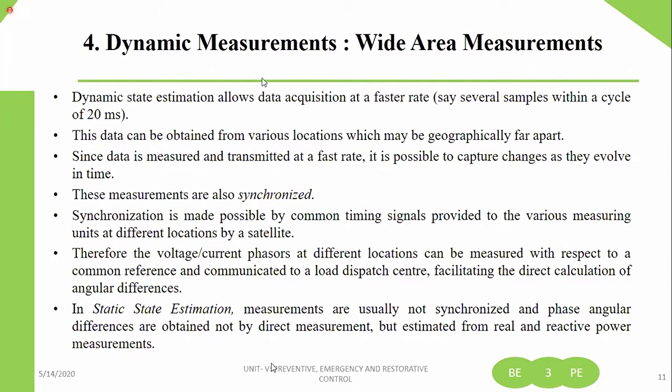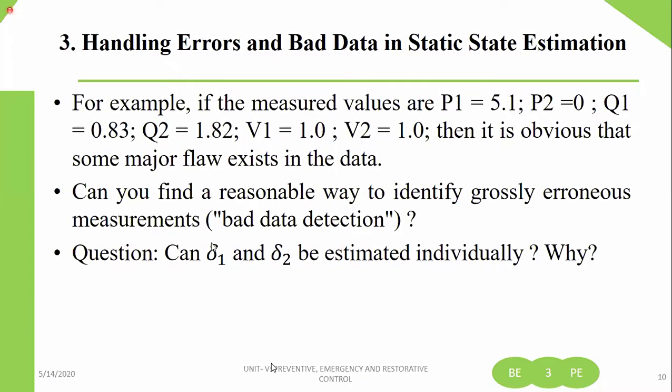So there's dynamic measurement, or dynamic state estimation, which we also call wide area measurement. Using this measurement, we can measure the del 1 and del 2 values individually instead of del 1 minus del 2. There is no need of recording all the values or substituting P1, P2 values to find del 1 minus del 2.